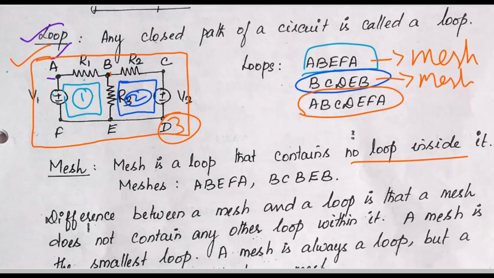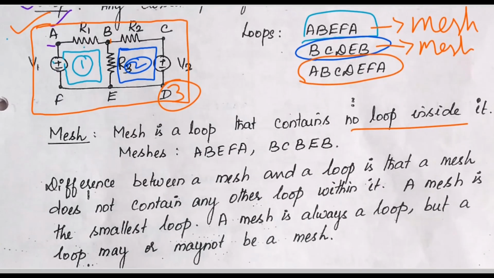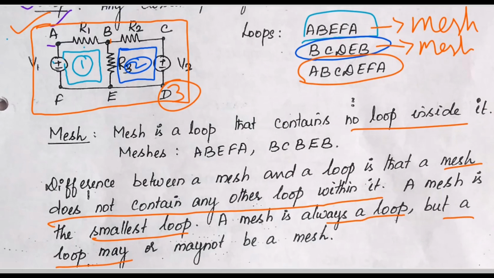Loop number 3 is not a mesh because it has inner loops. So how to differentiate a mesh and a loop? A mesh does not contain any other loop within it. It is the smallest loop. A mesh is always a loop, but a loop may or may not be a mesh. This is the difference between a mesh and a loop.